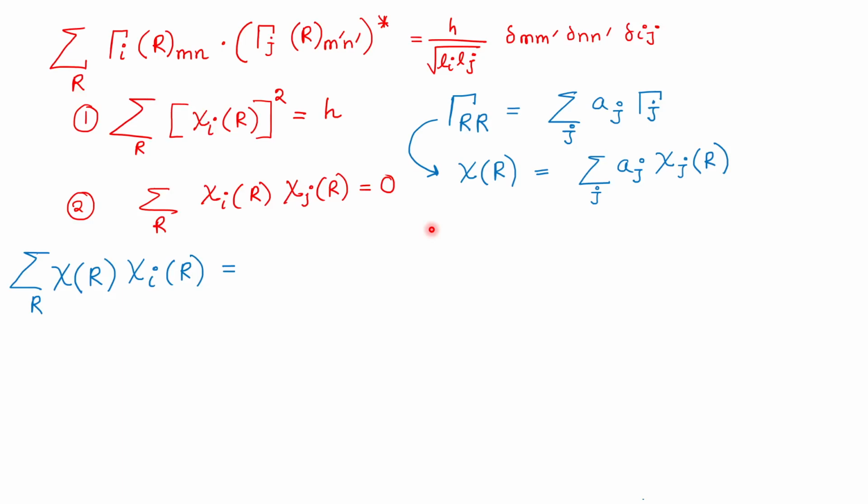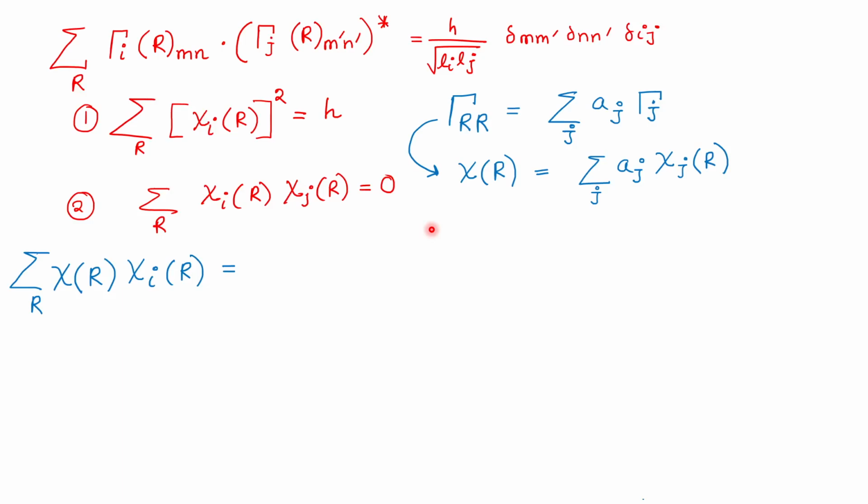And why did I multiply with aj? It is how many times gamma j is appearing in your reducible representation. So gamma j can come once, gamma j can come twice, and gamma j can even come none of the time. So aj can be 0, or any integer multiple, but it cannot be a decimal.